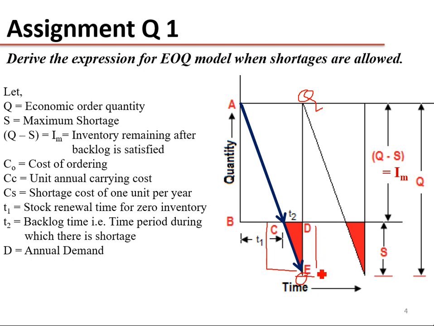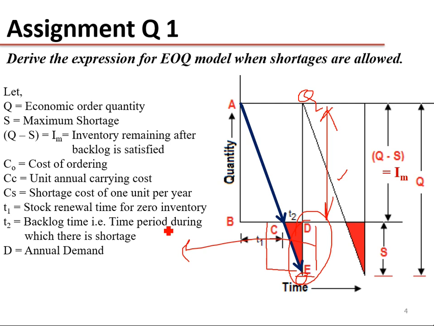From E to D, these units you give to the customers, and you are not going to keep them in the store. That means you are not going to hold this part. The holding units are only those you keep in the inventory, so only this part is included in the inventory.